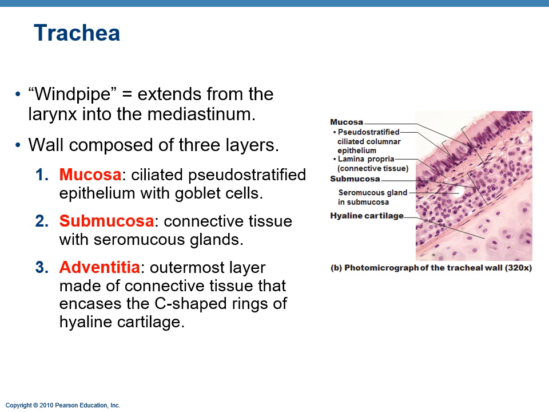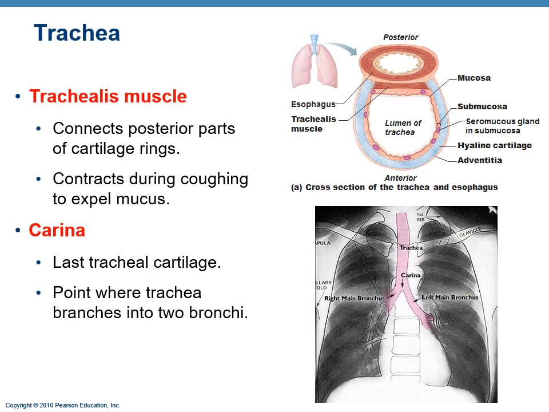And then the adventitia, which is the outermost layer made up of connective tissue that encases those characteristic C-shaped rings of hyaline cartilage seen on the exterior of the trachea. The trachealis muscle connects the posterior parts of those cartilaginous rings of the trachea and contracts during coughing to expel mucus.